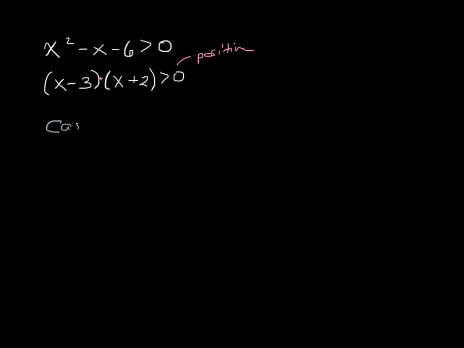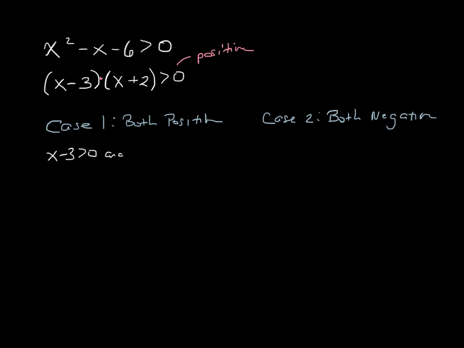We've got case 1, that they are both positive, and case 2, that they are both negative. Now we're going to write this down symbolically. If we want to say that x minus 3 and x plus 2 are positive, what we're really saying is that x minus 3 is greater than 0 and x plus 2 must be greater than 0.